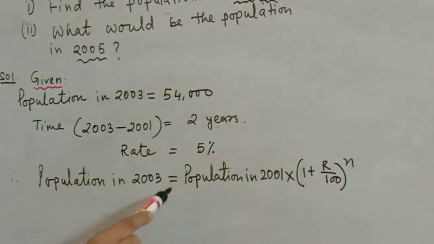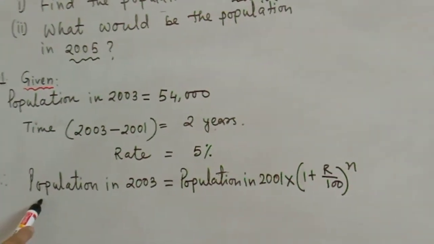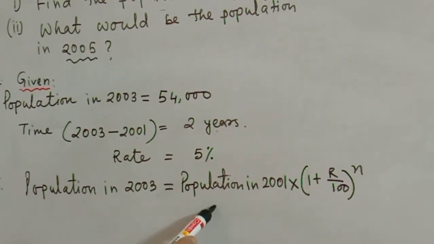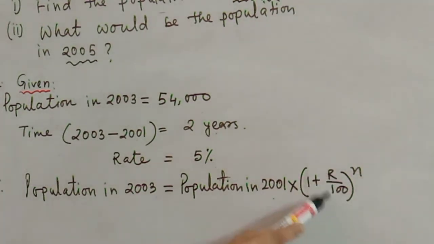Now how to find the population in 2001? We can use this formula: population in 2003 is equal to population in 2001 into (1 plus r by 100) whole to the power n. Can we use this formula or not?